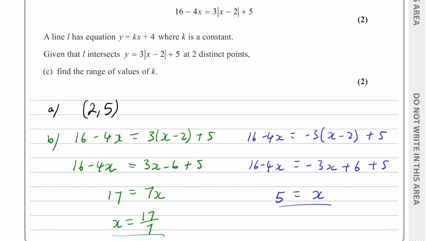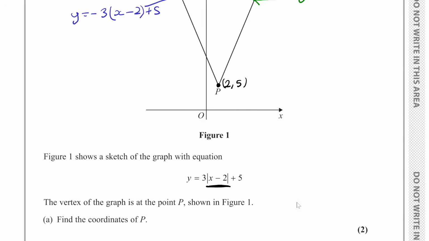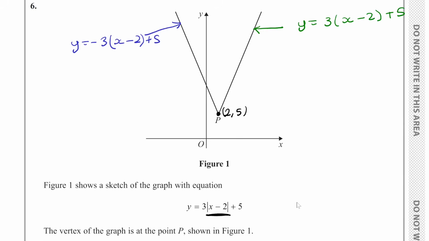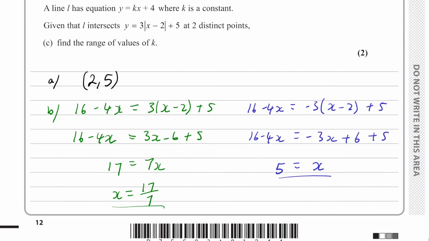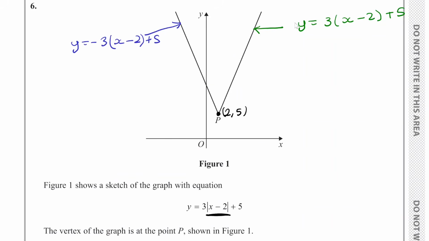So we've got two answers. Do they both work? So is x equal 5 on the blue line? It is not. So x equals 5 is going to be over here. So x is 2 at P. So x is 5 is going to be over here. It's not on the blue line. So it doesn't intersect the blue line. It doesn't cross. But is 17/7 on the green line?